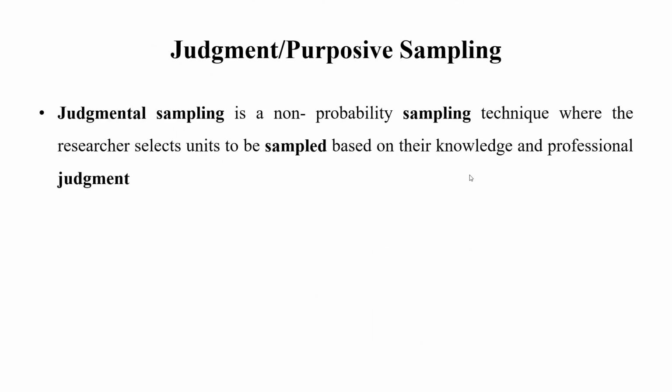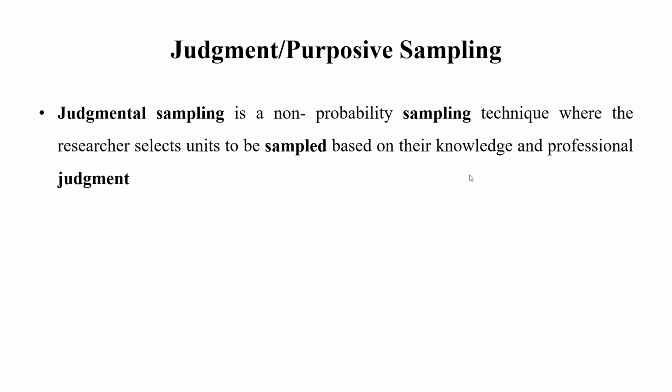Next, we are going to understand non-probability or non-random sampling methods. First one, judgment or purposive sampling. What is judgmental sampling? As we said, non-probability sampling does not give equal chances of being selected in the sample.